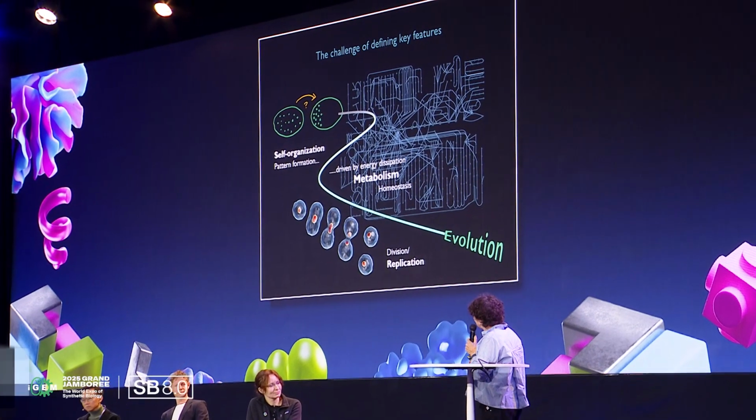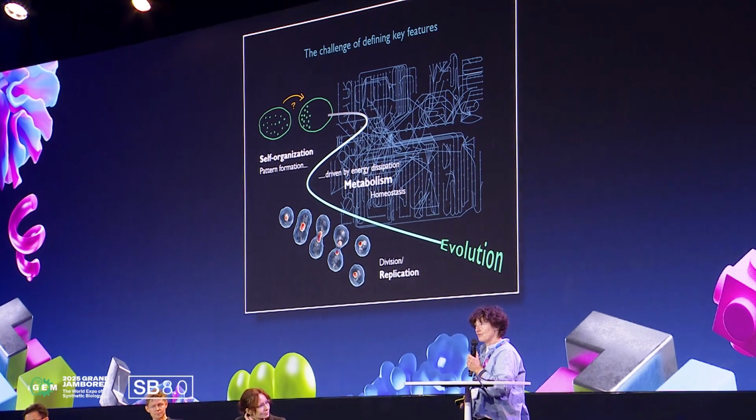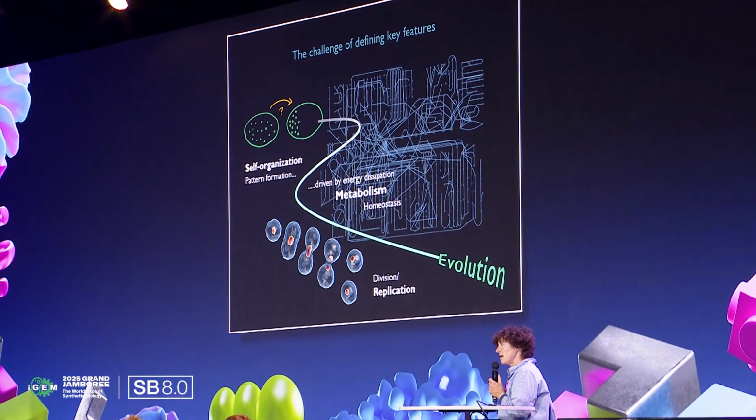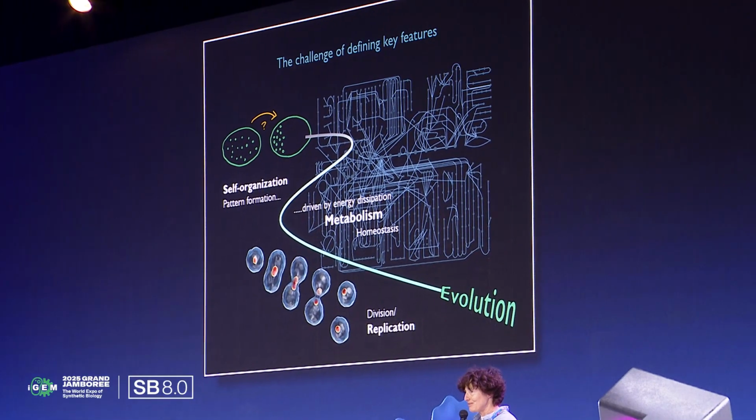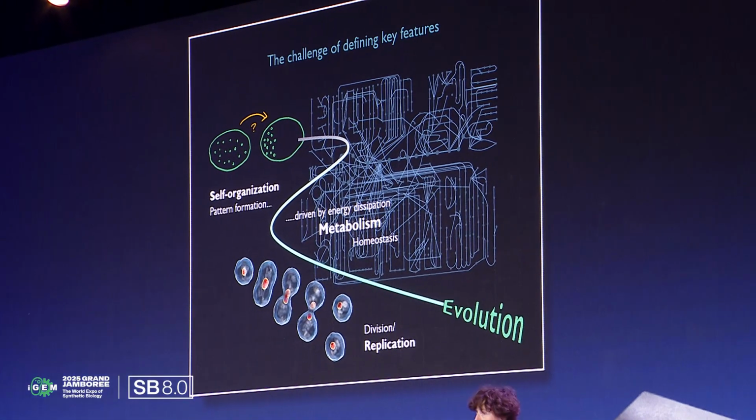And for a physicist, the most amazing thing that a living system can do is to be able to self-organize in space and time. As you might know, this is not only possible for living systems, also chemical systems, if they are complex enough, can do that.